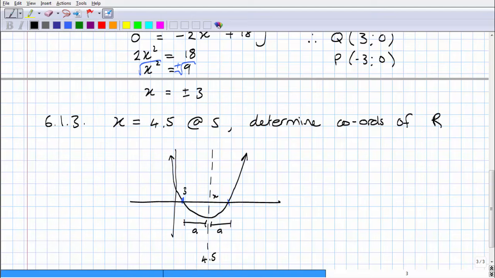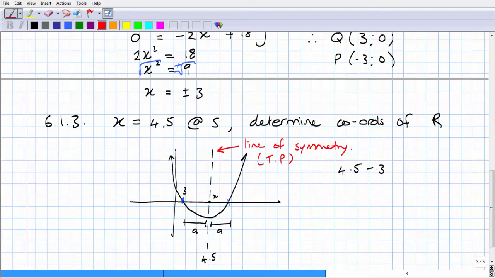That point is at 3, and that means that 4.5 minus 3 is going to be the distance between that intercept point and the line of symmetry, which is this line here. And it's the line of symmetry because it's the turning point of a parabola.